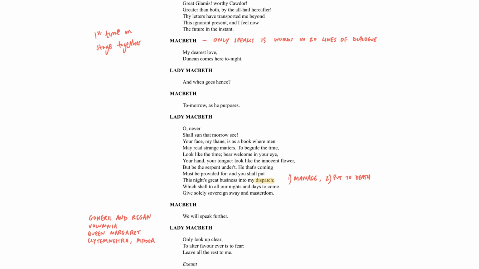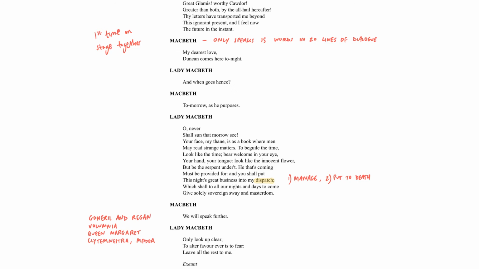"My dearest love, Duncan comes here tonight." Is there anything surprising about that response? She's just greeted him, talking about the double thaneship, the kingship as well, and saying that she's looking ahead to the future. Macbeth's first response is fairly blunt and flat. Duncan comes here tonight.